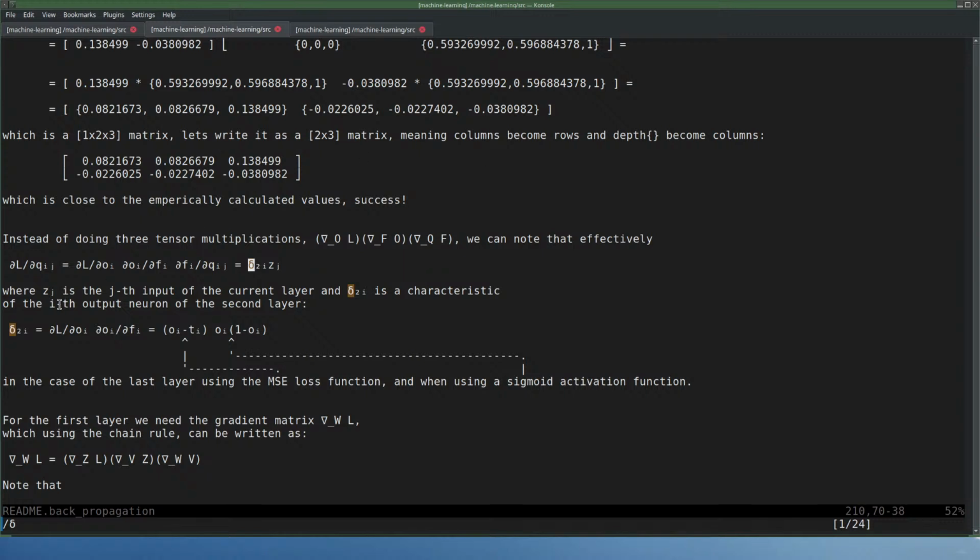Yeah, this is better. So this is the delta and that is the z here. But here I'm using O and F and Q. So not the same characters that I use in the other one.